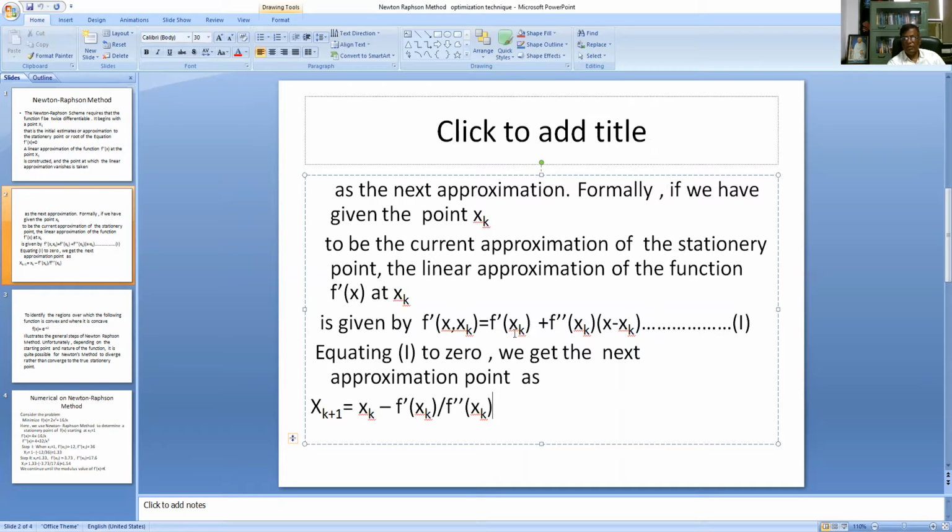First order differentiation of this function at xk means you have taken the point xk, and the second order derivative of the function at xk, the same is here, but this is the second order derivative, and x minus xk, the interval of these two variables, x minus xk. We are considering this as equation 1, and we are trying to equate this to get the next approximation.